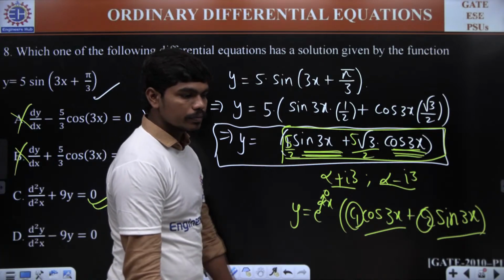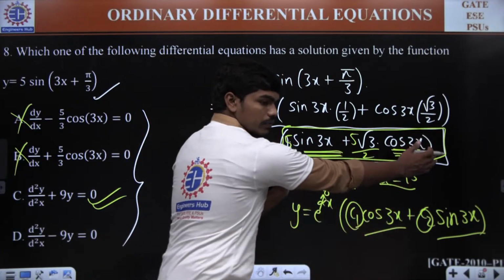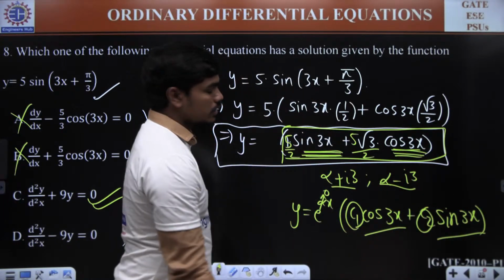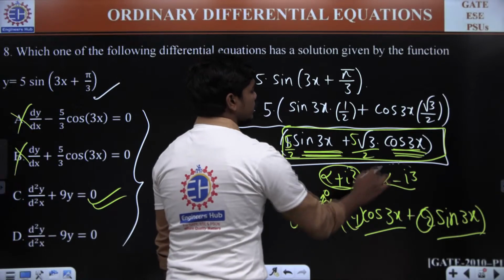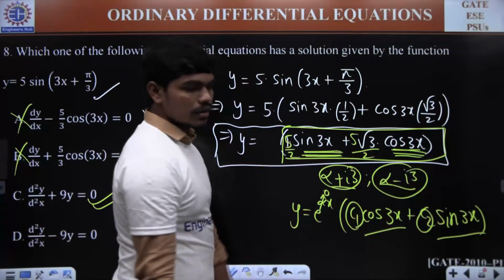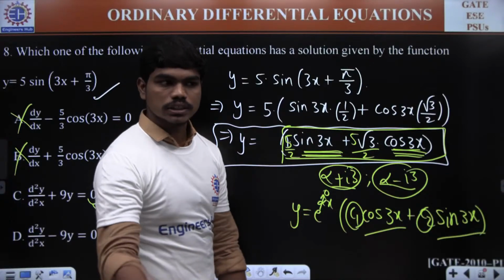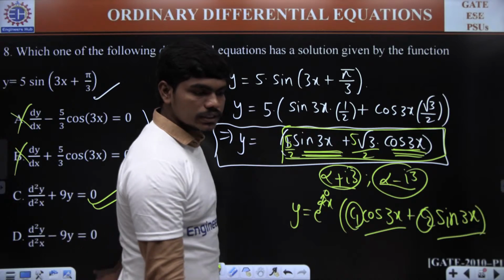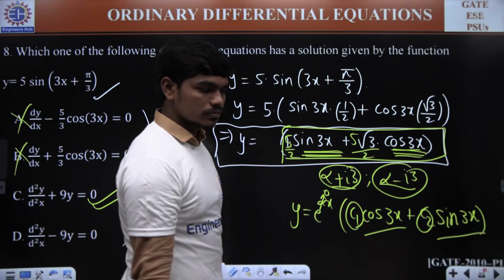Yes or no? Can you see that this term which is here and this term which is here, both are looking similar? So which means your option should be something like this, which means you should have a differential equation which is having imaginary roots for its auxiliary equation, which is happening only in this case with option C. Okay.